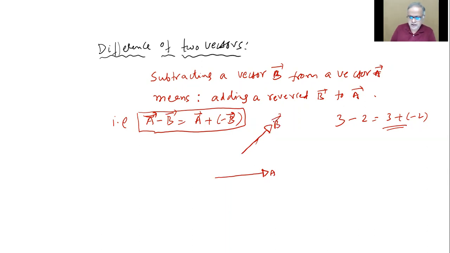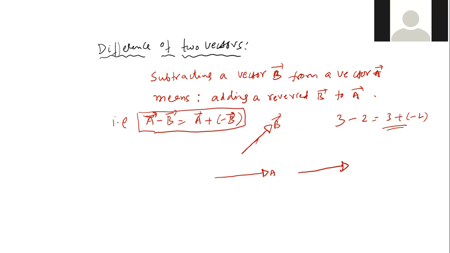Now, when I wanted a plus b, either I followed the law of triangular vectors or the law of parallelogram of vectors, geometrically speaking. So what do I do for a plus b?